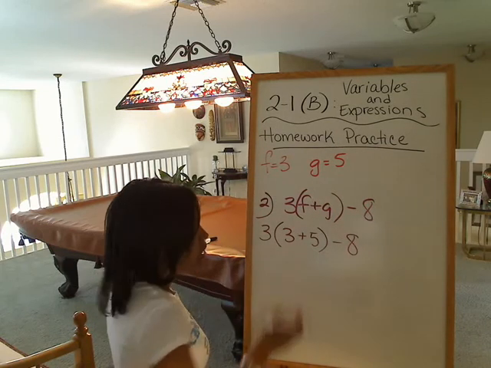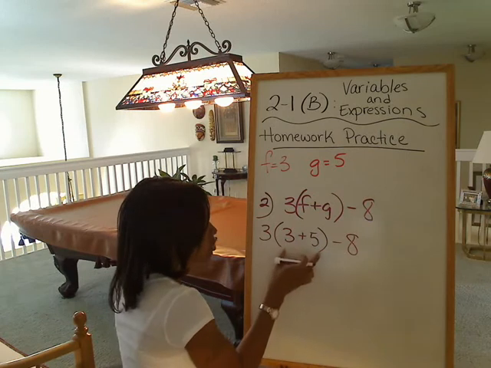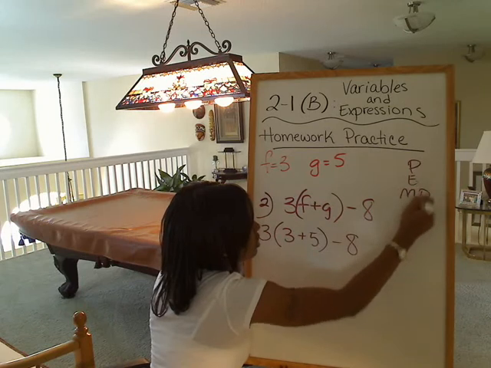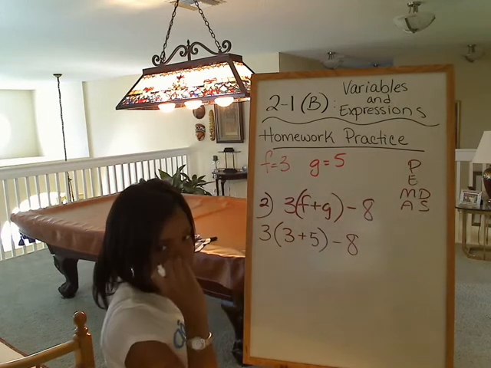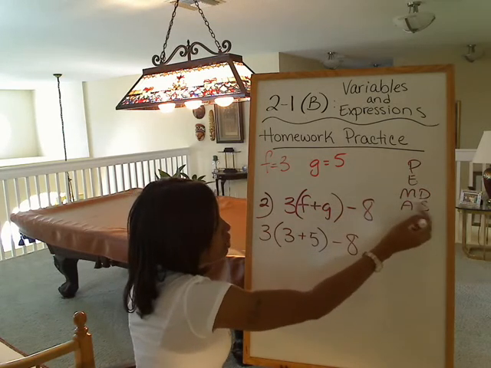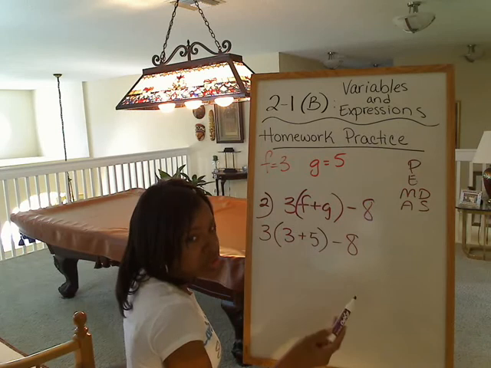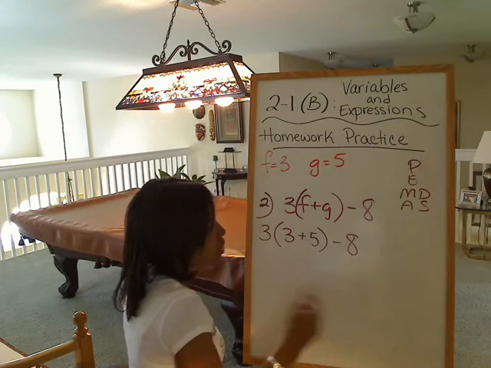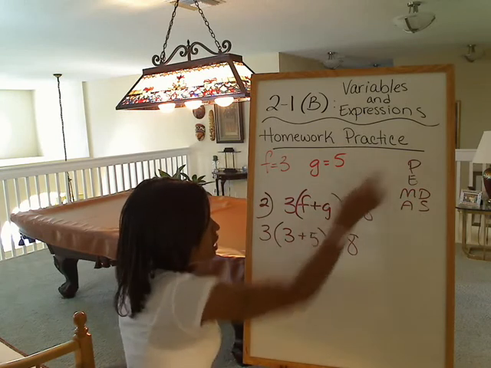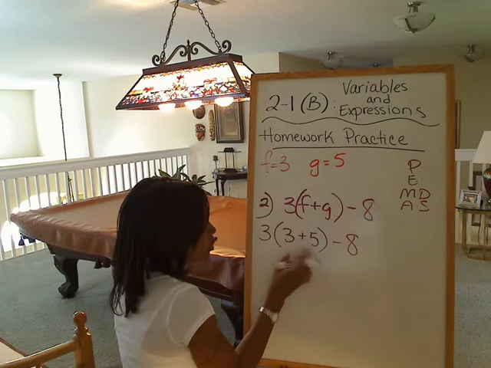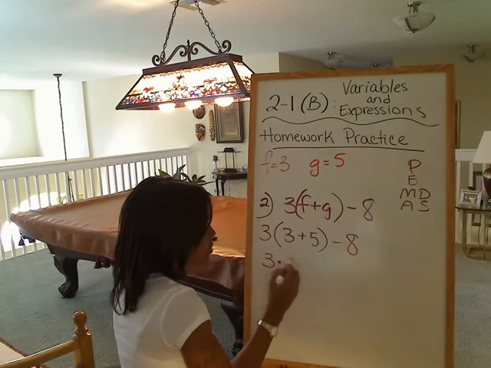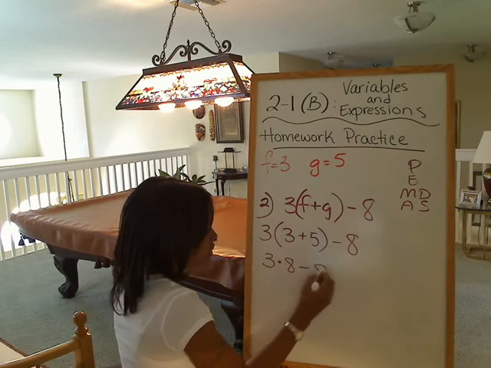PEMDAS tells me to do parentheses first, right? I like to put the M and the D together and the A and the S together, because multiplication and division, whichever comes first, is the one you do first, and same for addition and subtraction. Parentheses is at the top of the list, so we do what's in the parentheses first. 3 plus 5 is 8. So it's going to be 3 times 8 minus 8.